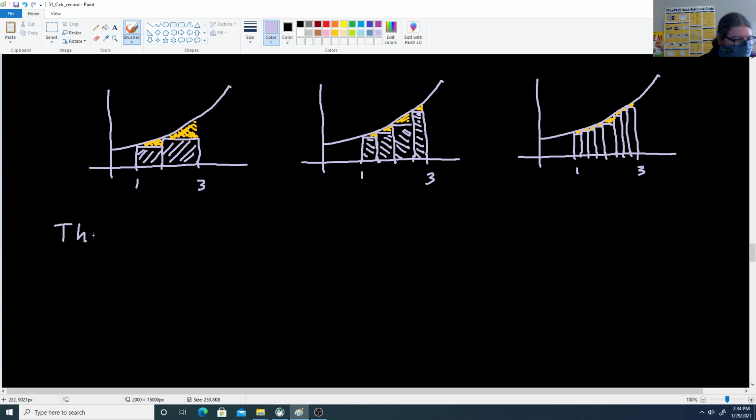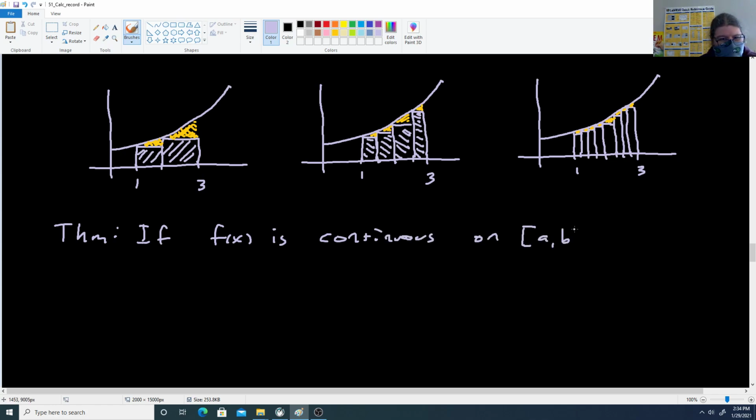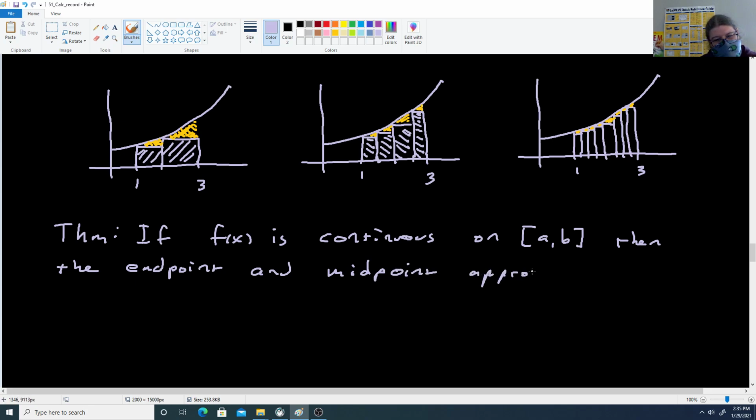So this theorem says if f of x is continuous on a to b, then the endpoint approximations, this means right endpoint, left endpoint, and midpoint approximations, approach one and the same limit as n approaches infinity.